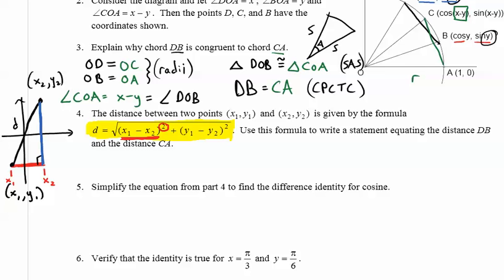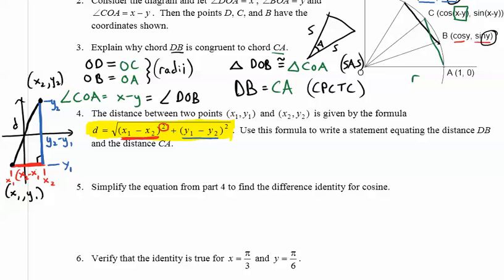Okay, and the height of the triangle is the distance from y1 to y2. So that would be y1 minus y2, or y2 minus y1. So the base is x2 minus x1, and the height is y2 minus y1, or y1 minus y2.